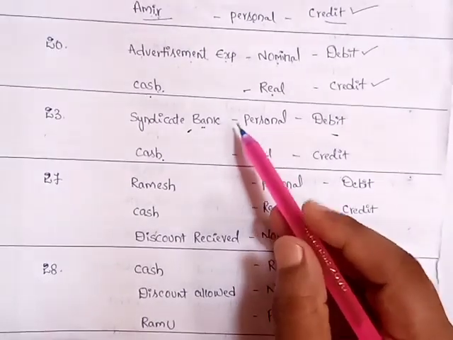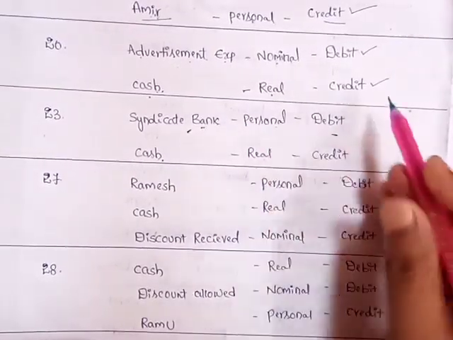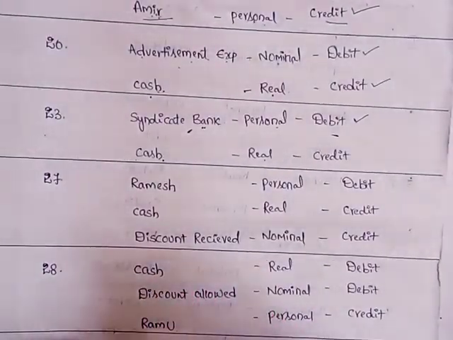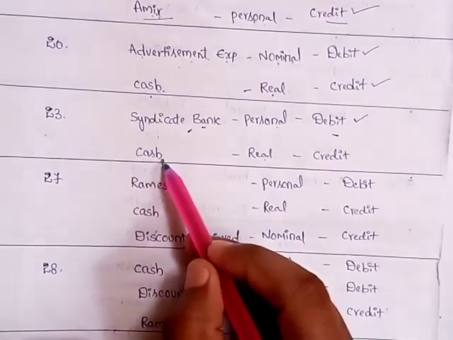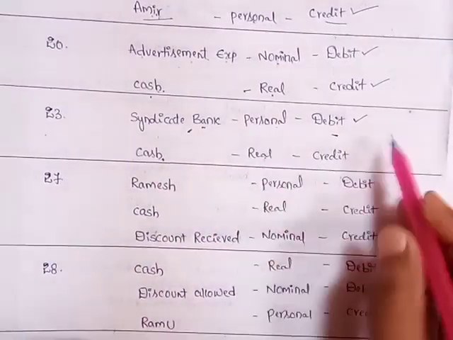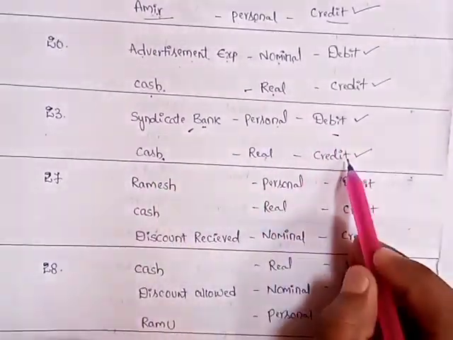So here Syndicate Bank is a receiver. According to personal account, receiver will be debit, and when we deposit cash into bank, cash goes out. That's why according to real account, what goes out, that will be credit. So Syndicate Bank debit, cash credit.